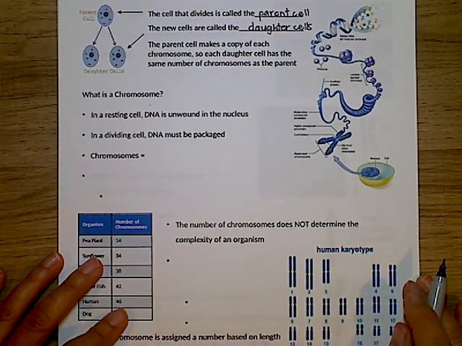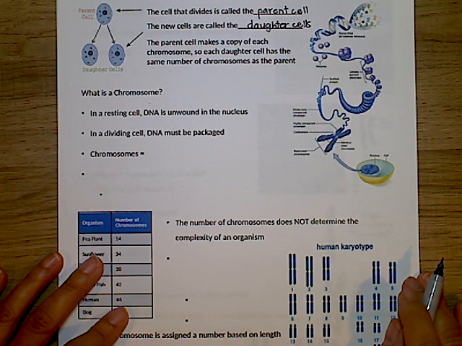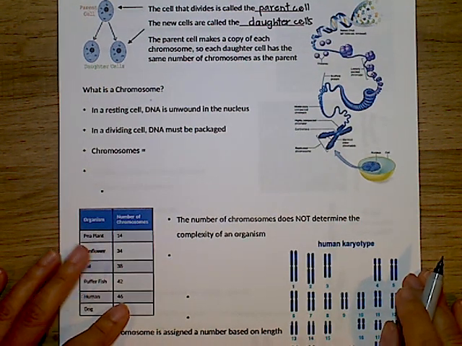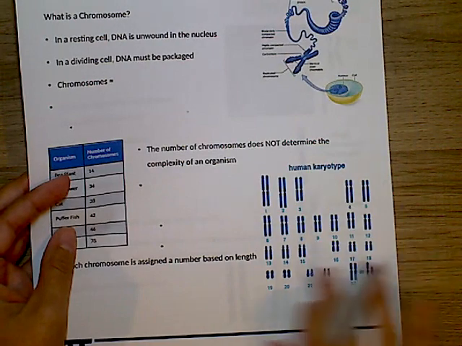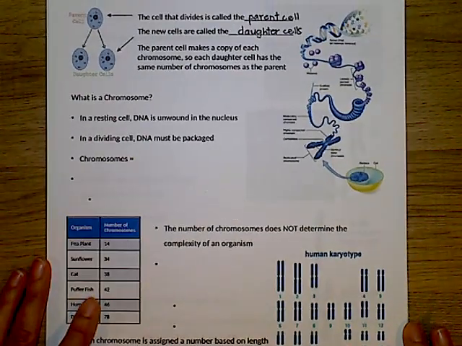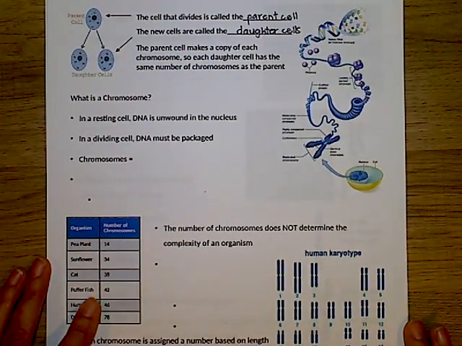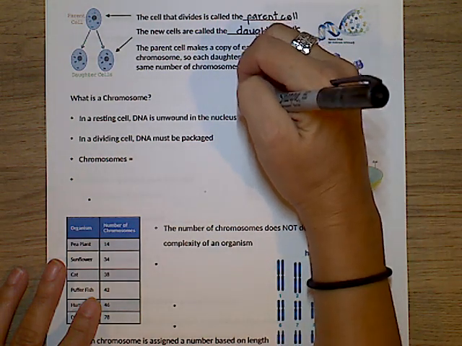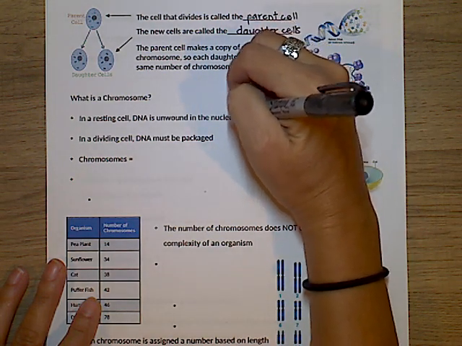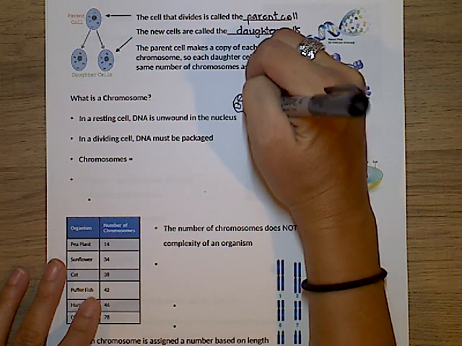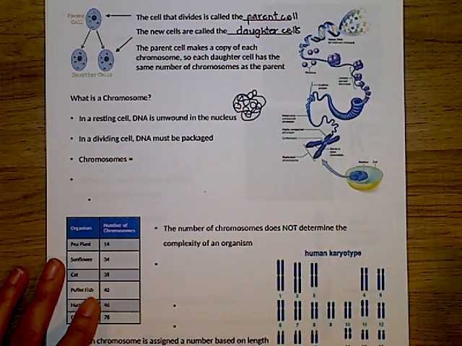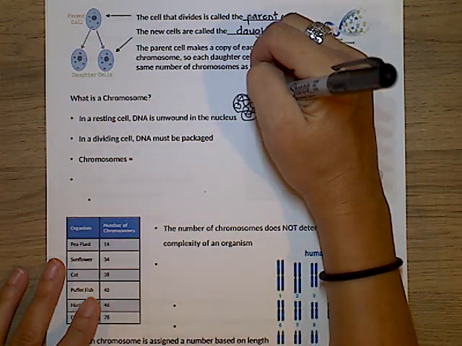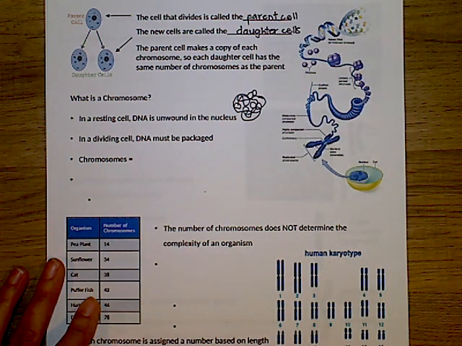So we talk a lot about chromosomes. So what is a chromosome? You can see them pictured down here. That's what we're referring to. In a resting cell, DNA is unwound in the nucleus. So you will just have the DNA in the nucleus strewn about, kind of like a tangled ball of yarn, and then little sections of that are genes that code for specific proteins.